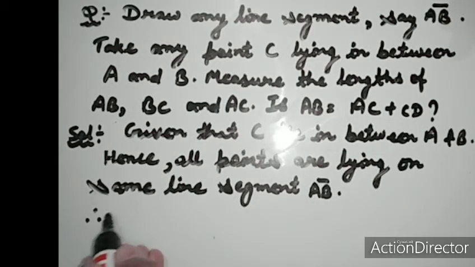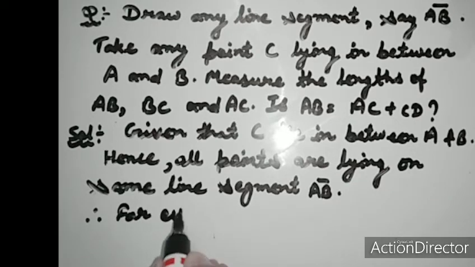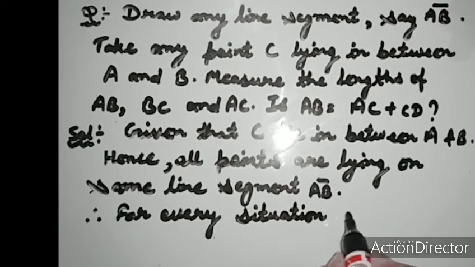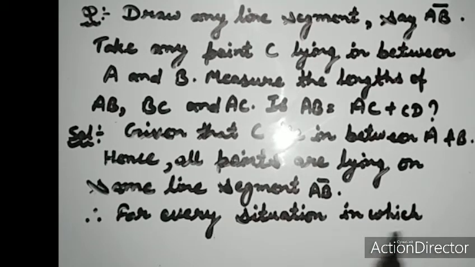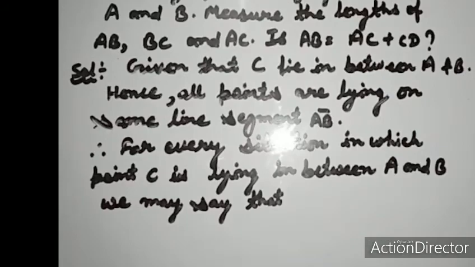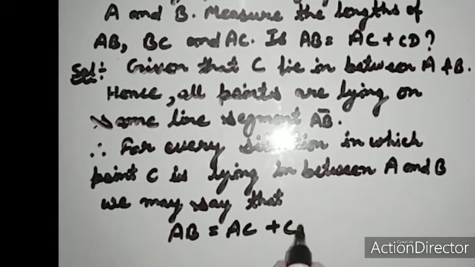Therefore, for every situation in which point C is lying in between A and B, we may say that AB is equal to AC plus CB.